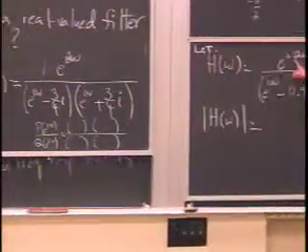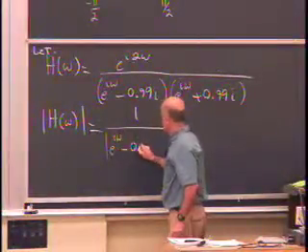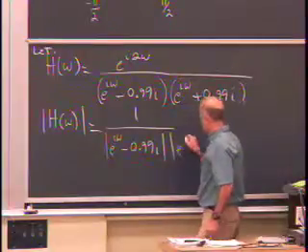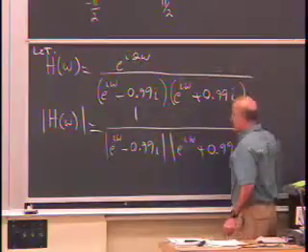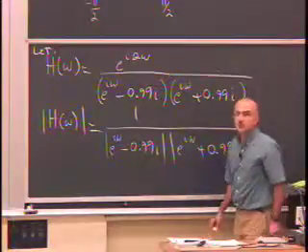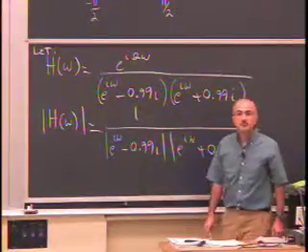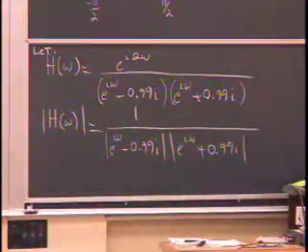you have the magnitude of the numerator, which is 1, times the magnitude of each of these terms. If I am at pi over 2, which one of these magnitudes is going to dominate the value of this ratio? The shorter one or the larger one? The shorter one, because that's going to be tiny. 0.01 in the denominator, I'll have a 0.01 times a number that's pretty close to 2.